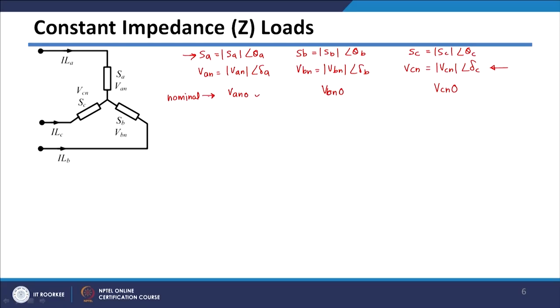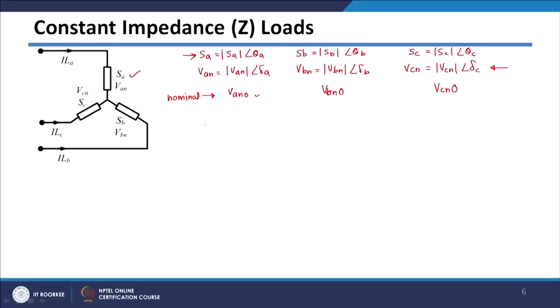From these rated quantities, first get the impedances of the loads. Say this impedance is ZA, this impedance is ZB and this impedance is ZC. As I told you, throughout the calculation the impedances will remain constant because these are constant impedance kind of loads.